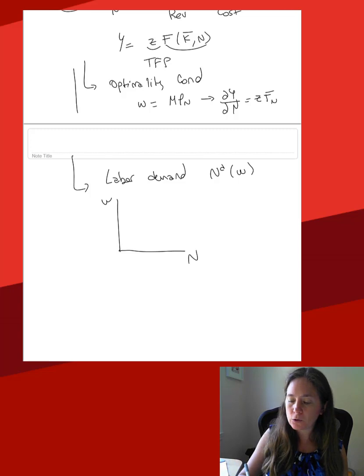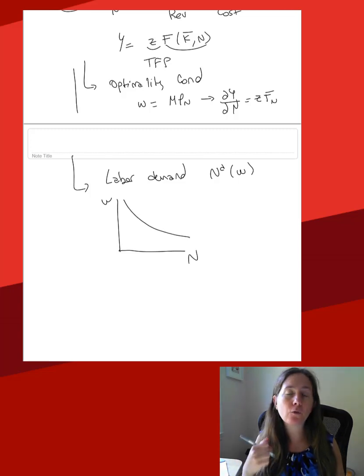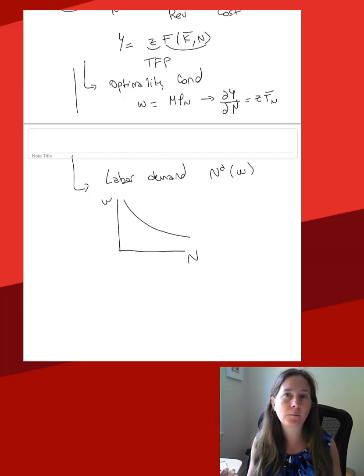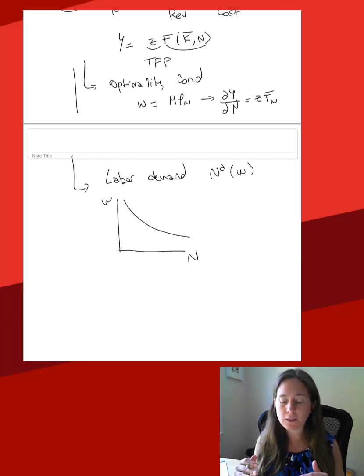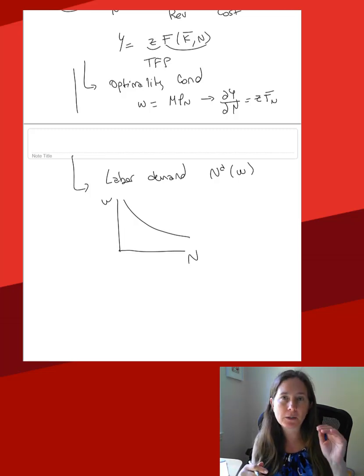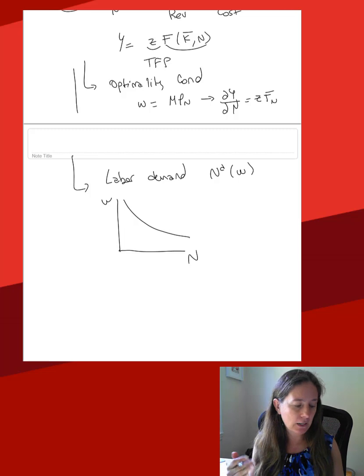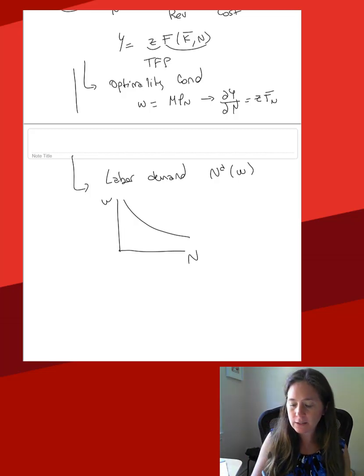Basically, hiring workers of course gives the firm more production, so the marginal product of labor is always positive. But because the marginal product of labor is decreasing, that is, the production function has diminishing returns, the labor demand is going to be downward sloping. So the more expensive it is to hire workers, the fewer workers you are going to hire in the end.